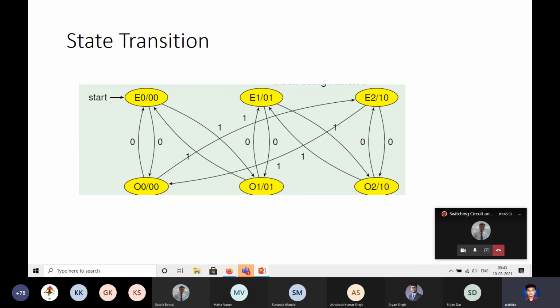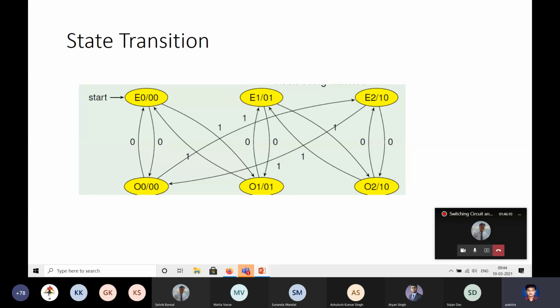And for the output, see how many flip-flops we'll need to realize this. How many D flip-flops will be required to realize this? Anybody? 3. 3 with D flip-flops.